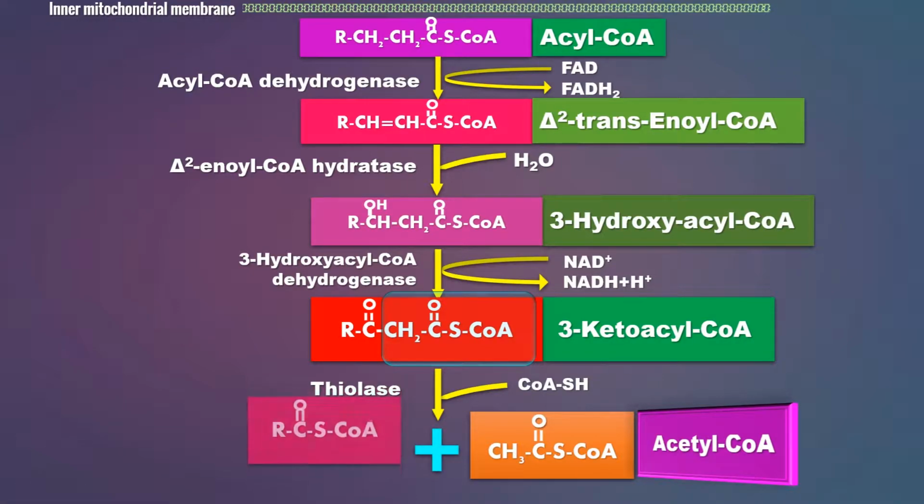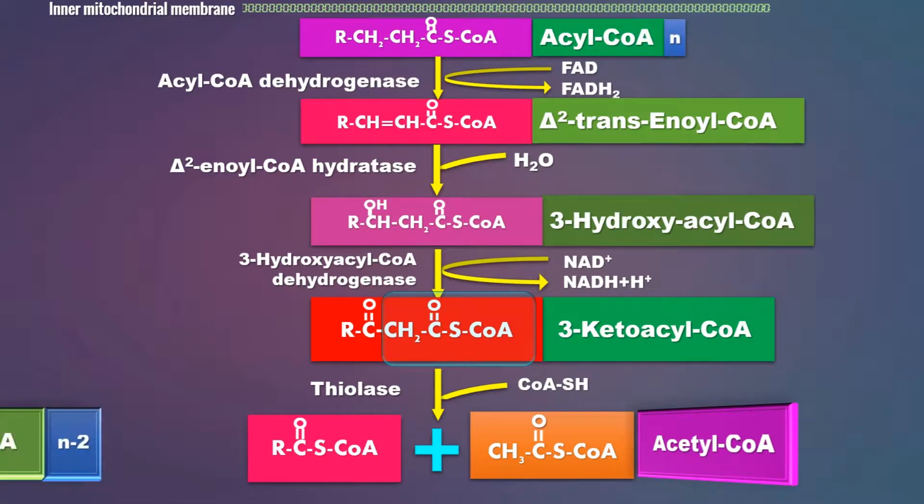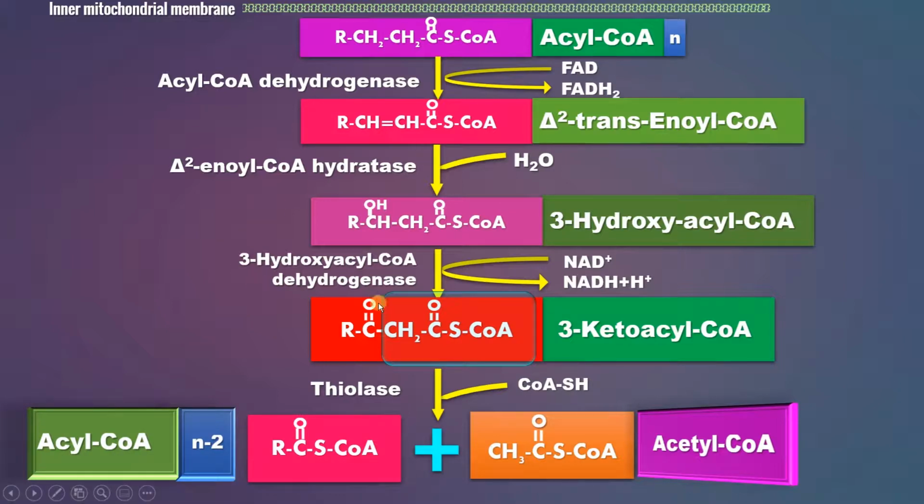By addition of coenzyme A, there is going to be release of acetyl-CoA, plus we have fatty acid or acyl-CoA. So this keto group now becomes the carboxyl group of the acyl-CoA, and this coenzyme A is added here. Suppose this fatty acid contains n number of carbons, and the resultant acyl-CoA would be short of 2 carbon units, because from this entire acyl-CoA we release 2 carbons as acetyl-CoA.